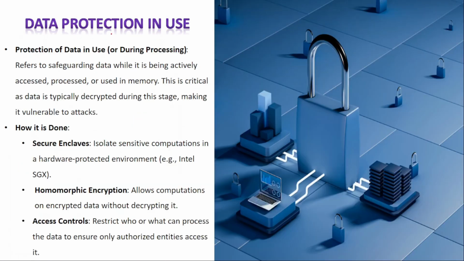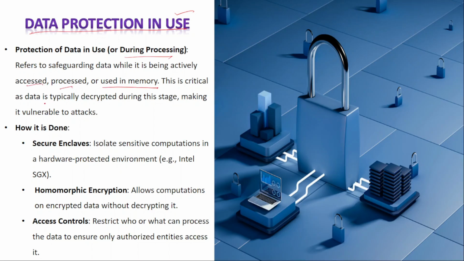So the third phase of the data is data protection in use. And what does use mean? It means that data is actively used by an application or user, and during usage, the data is most of the time inside the memory or RAM. So protection of data in use, or during processing, refers to safeguarding data while it is being actively accessed, processed, or used in memory.